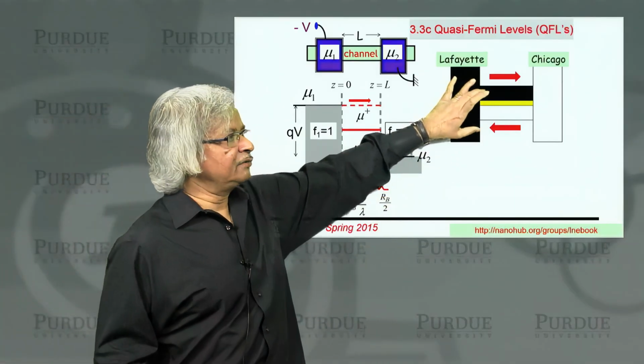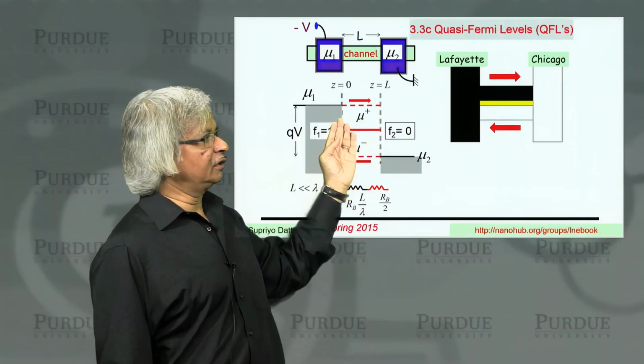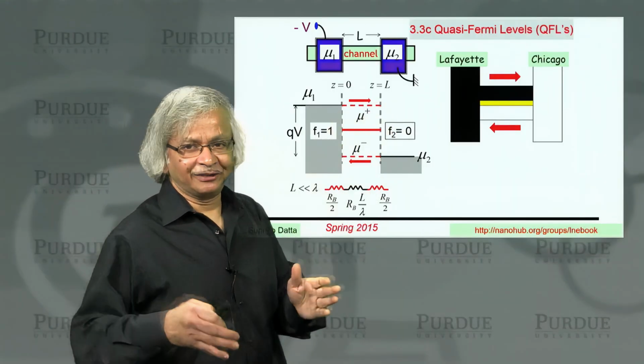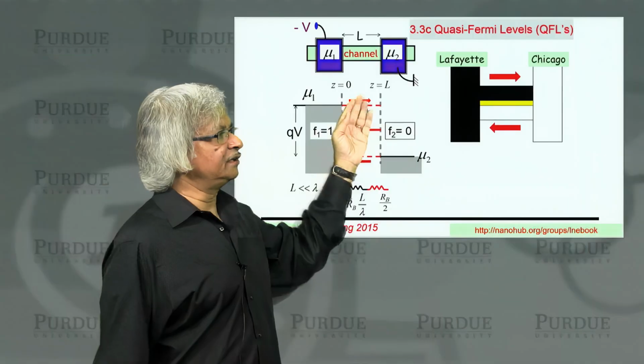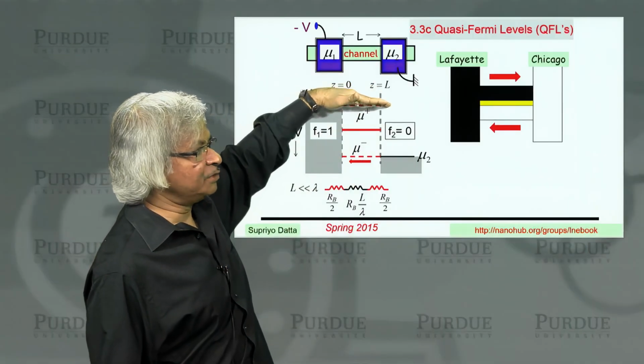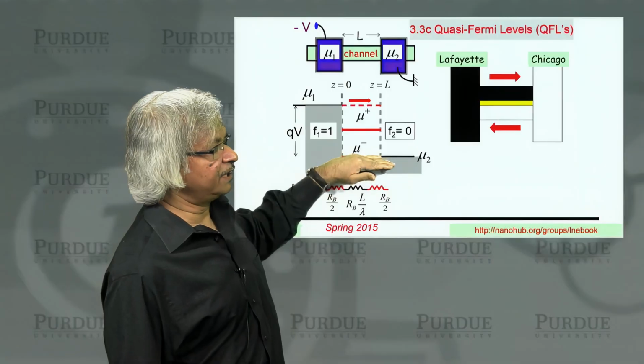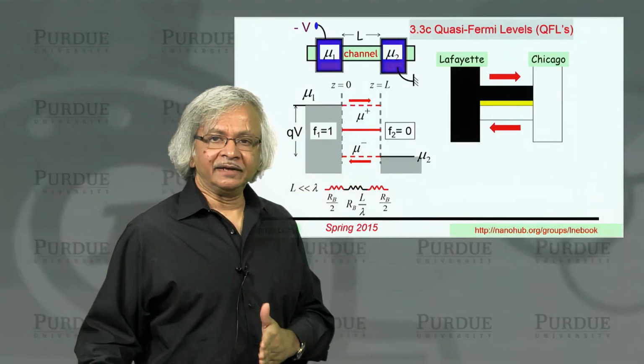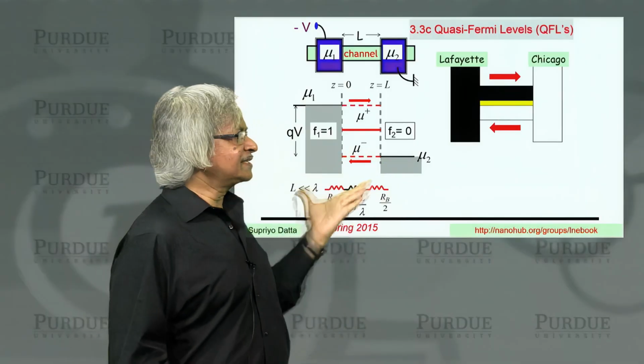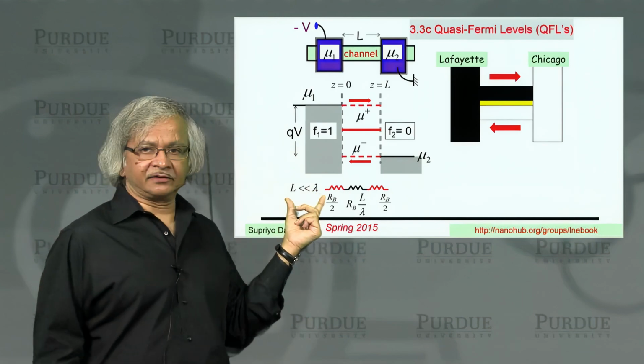And that's exactly what would happen here too. All the right-moving states, like the northbound lanes, are completely filled up to here. That's mu plus. And all these states are completely empty. That's mu minus.